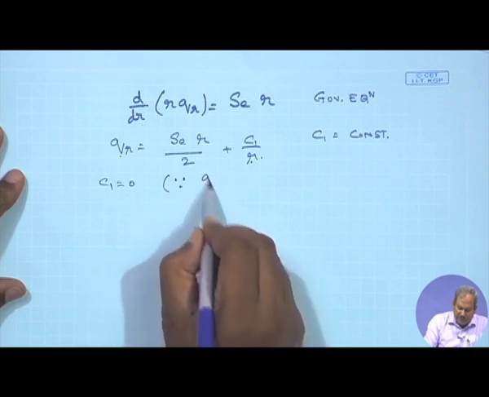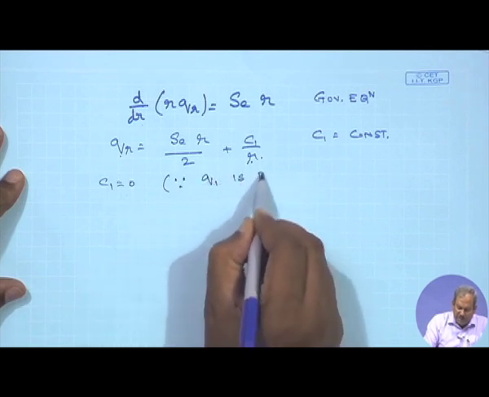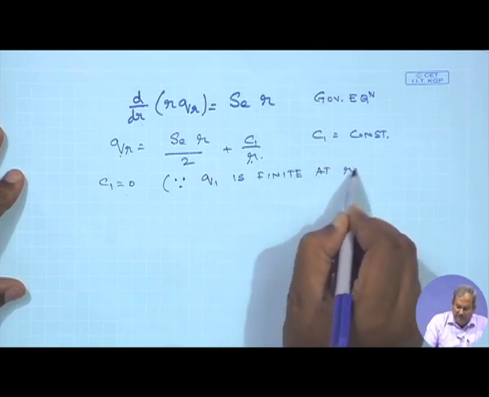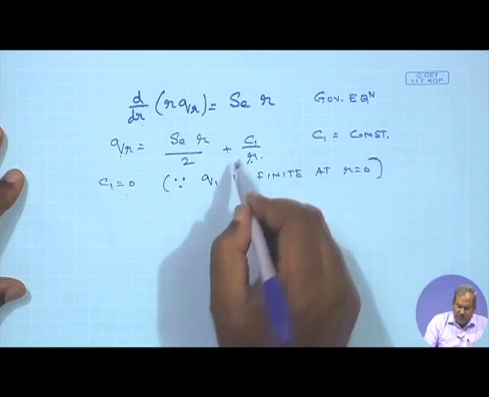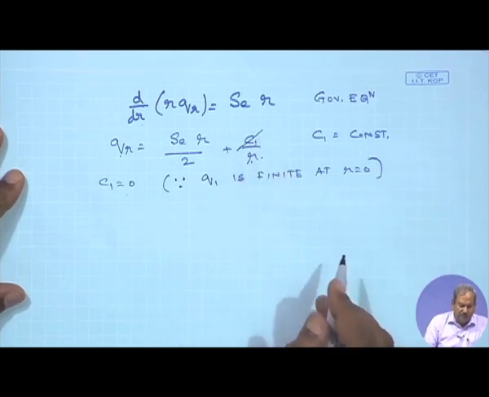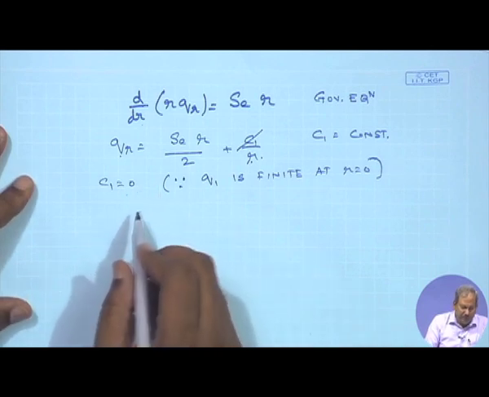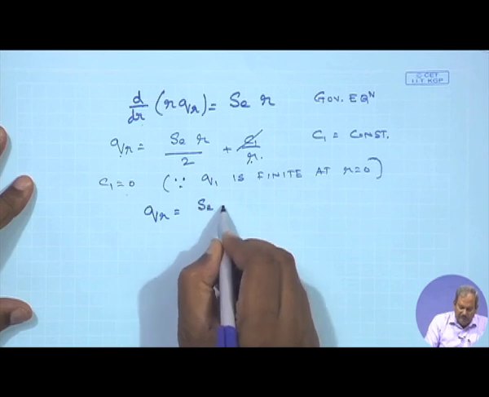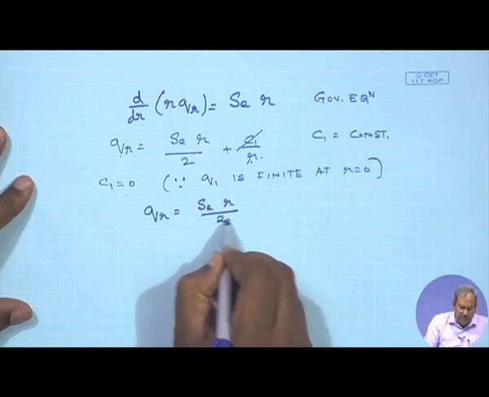Since q_r is finite at r equals 0, C1 has to be equal to 0. So if C1 is equal to 0, then q_r is equal to S_e, the heat generated per unit volume, times r by 2.